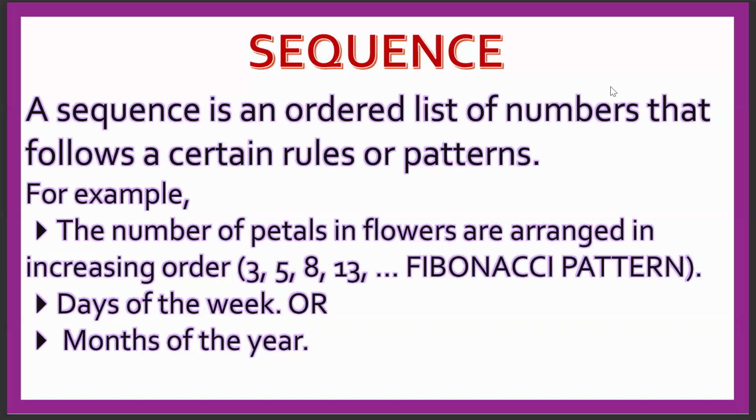And we can see the Fibonacci pattern in flowers, in nature, in different ways. Another pattern is the days of the week or months of the year. So these are the patterns.